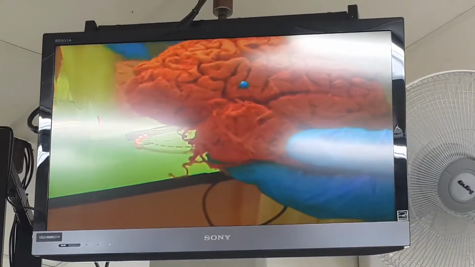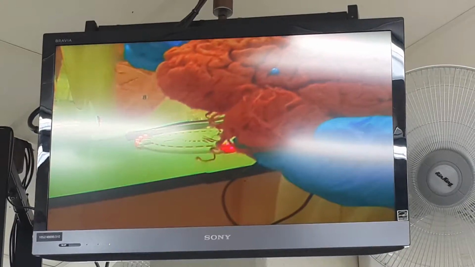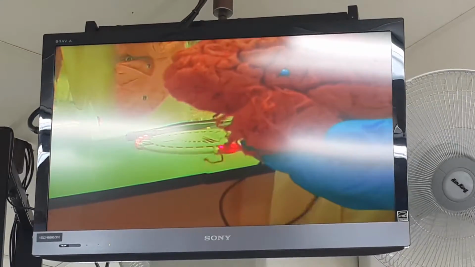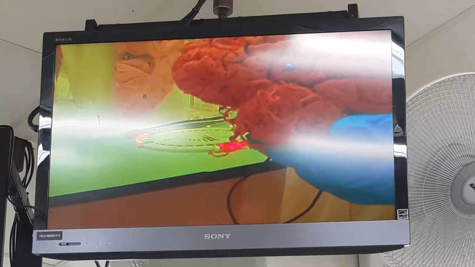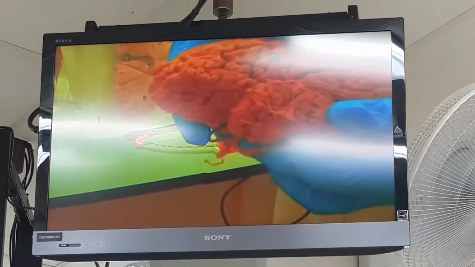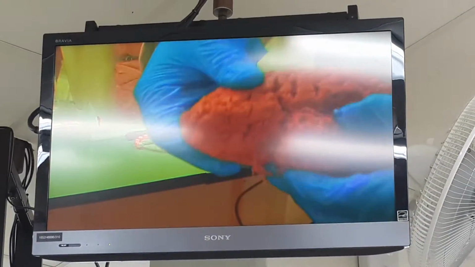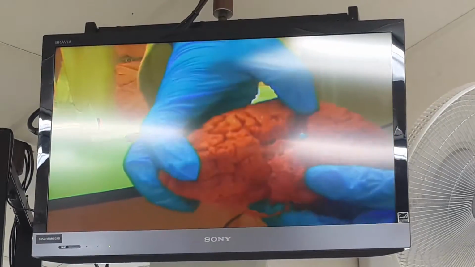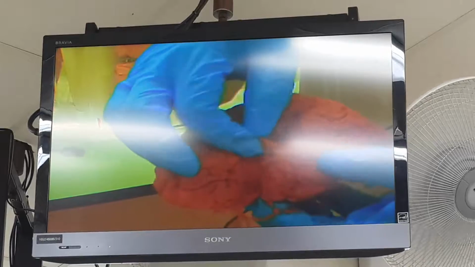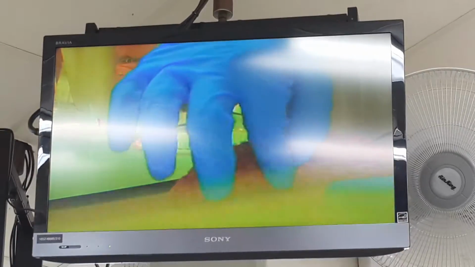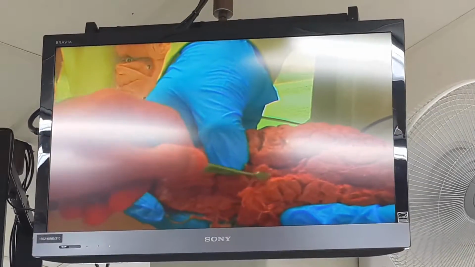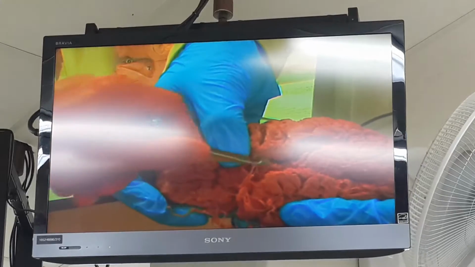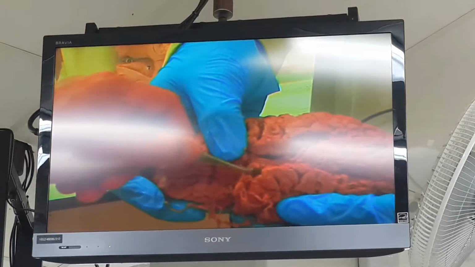In this sulcus, if you open it, you find some blood vessels in it. You find an artery, you find a vein inside it. The artery is the middle cerebral artery. If you open it, there's an artery inside, and branches coming from the artery.